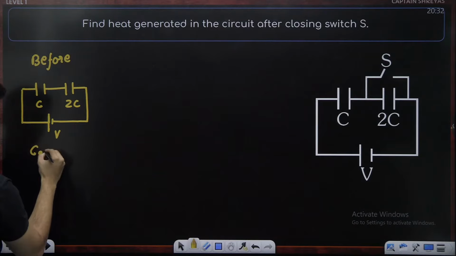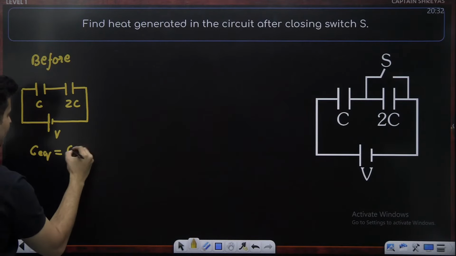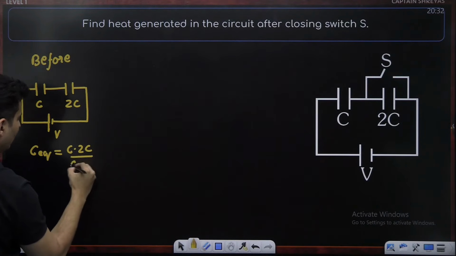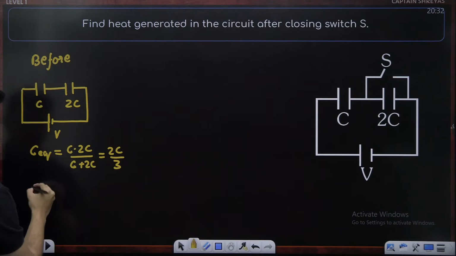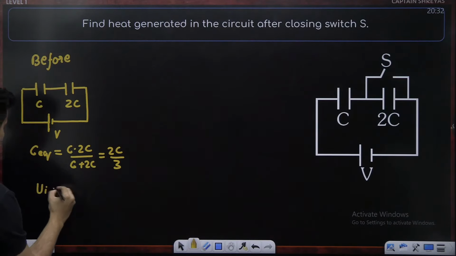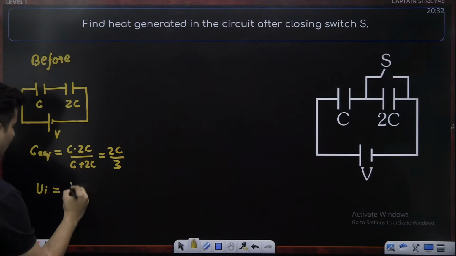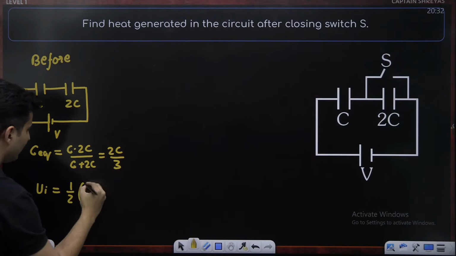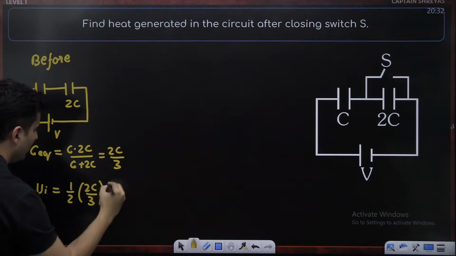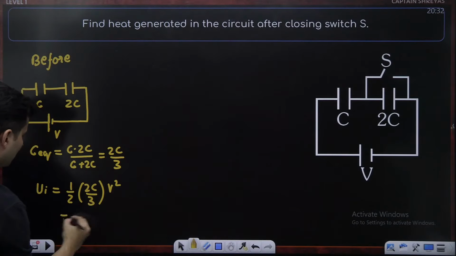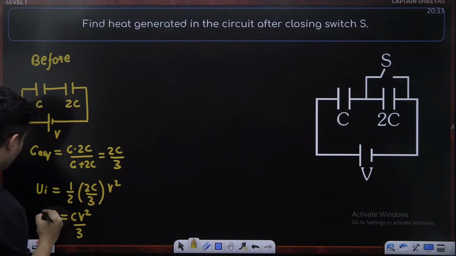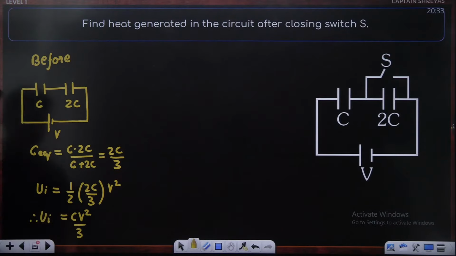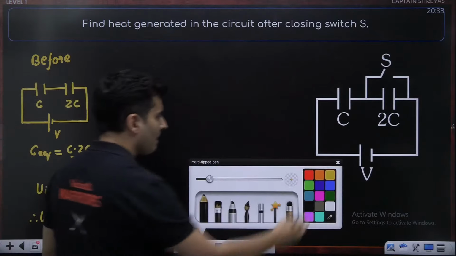So C equivalent will be C into 2C, because they are in series, upon C plus 2C, which will be 2C divided by 3. So the initial energy stored will be half capacitance into V square, where the 2 cancels, which will become CV square by 3. That is your initial energy, which is stored in the total capacitors.